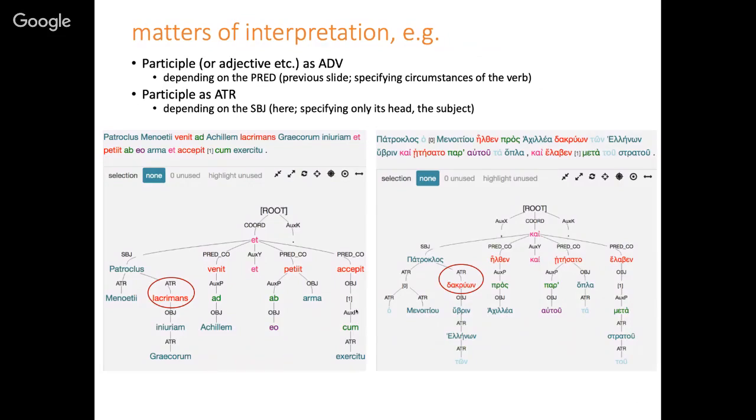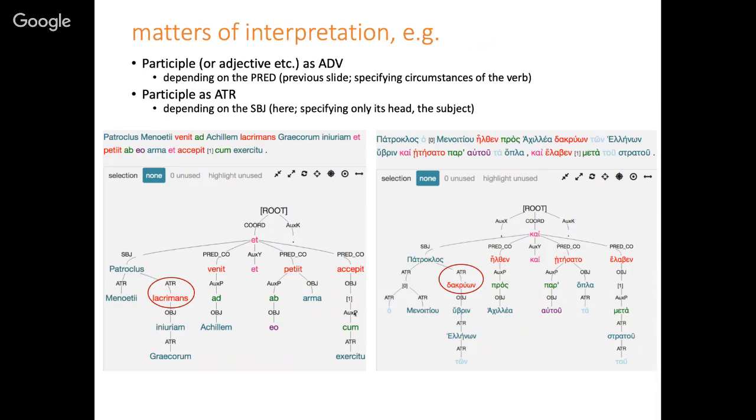So the participles very often can be adverbials, specifying the verb, but they can also be attributes, specifying some nouns or something else. So here is another possibility to annotate this sentence.